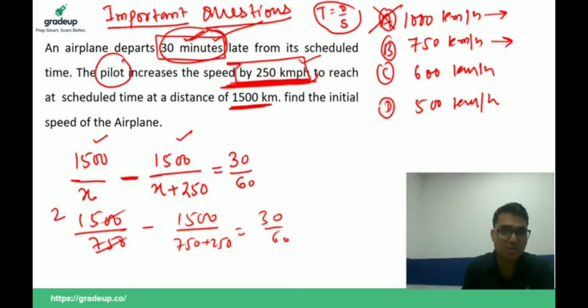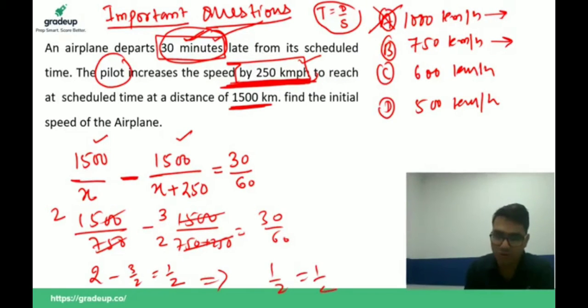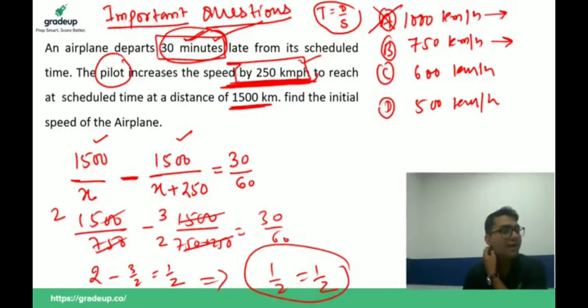This is 2, this should be 3 by 2. 2 minus 3 by 2 is equal to 1 by 2. Then we can say 1 by 2 is equal to 1 by 2. So the left hand side is equal to the right hand side, then the equation is satisfied. Then the answer should be 750 km per hour. So the initial speed of the aeroplane is 750 km per hour.